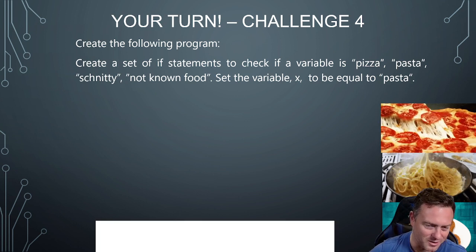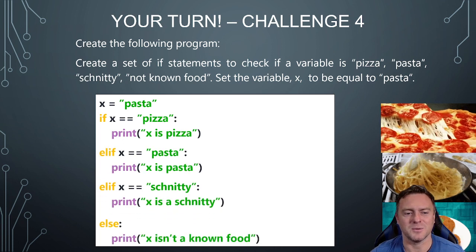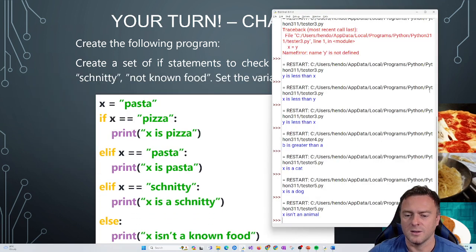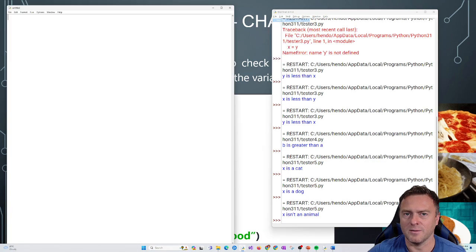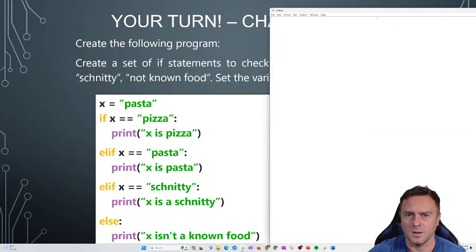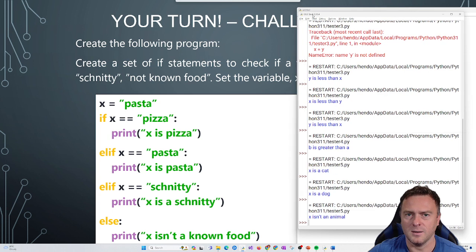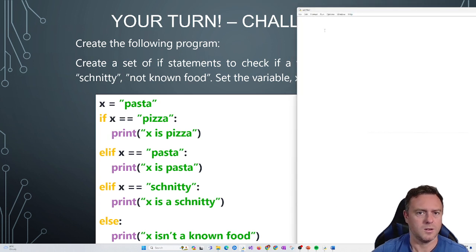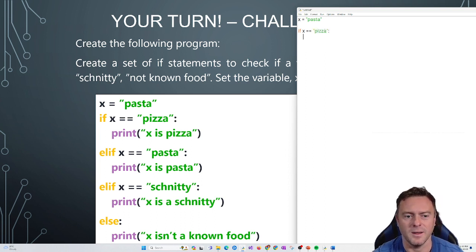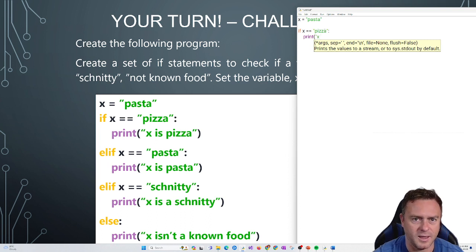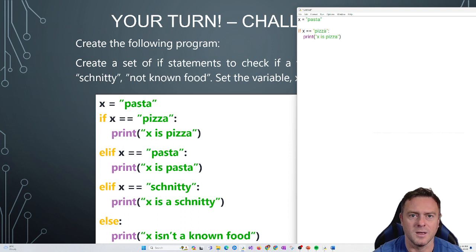Awesome. So hopefully you had a good go at it and you were able to build something like this. So the way this looks like, if we go through it, up here, I'm going to go X is equal to pasta, because that's the variable we're going to check off. Then we're going to go if X is equal to pizza, snaky bite. We're going to print out X is pizza, because that's what it was.